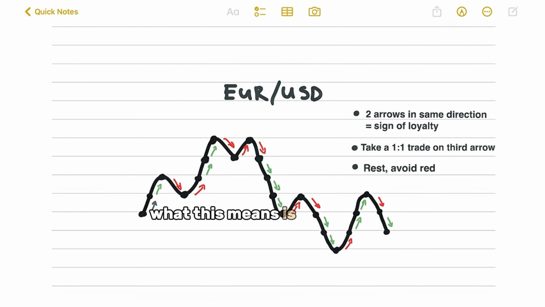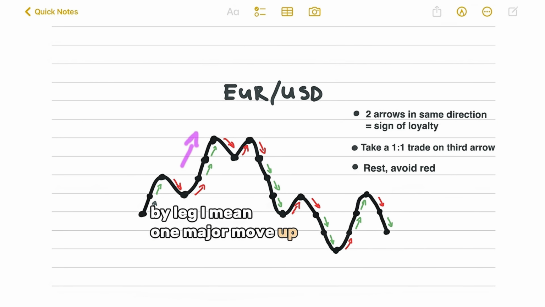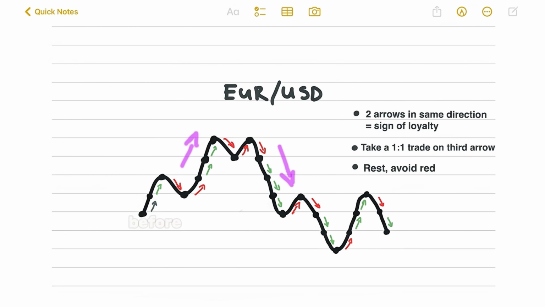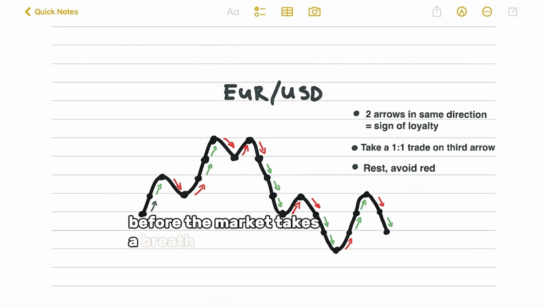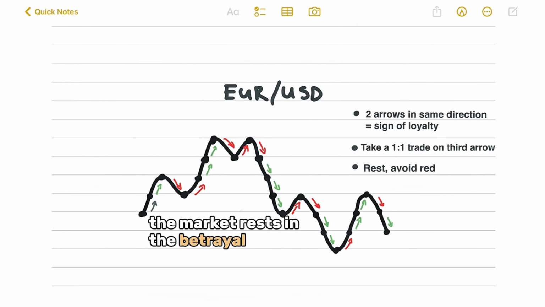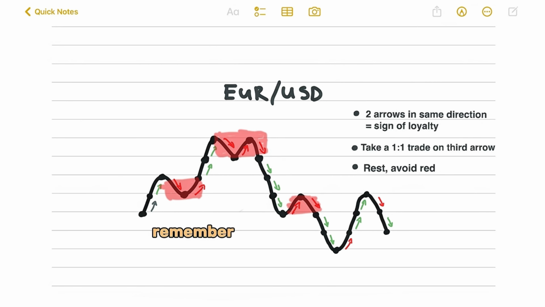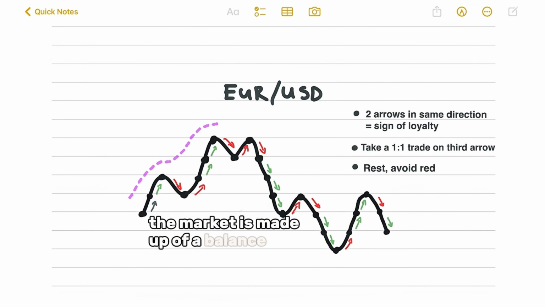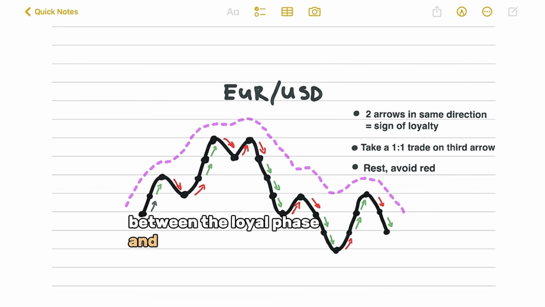What this means is we're only going to take one trade per leg. By leg, I mean one major move up or one major move down before the market takes a breath and rests. The market rests in the betrayal phase. Remember, we said the market is made up of a balance between the loyal phase and the betrayal phase.